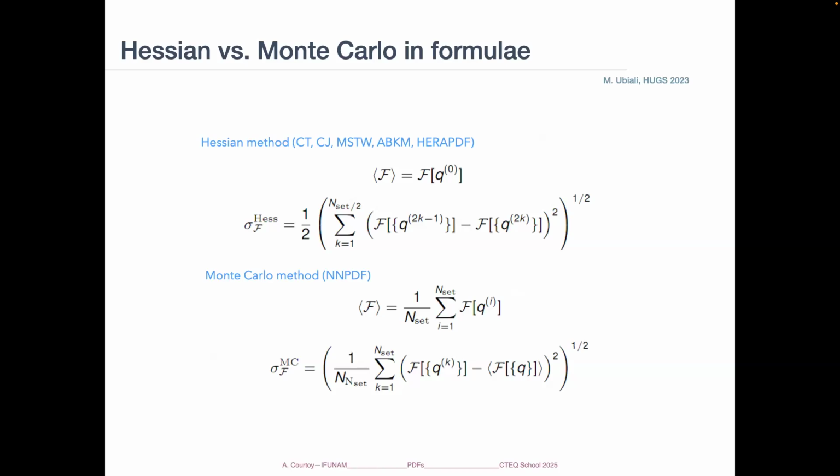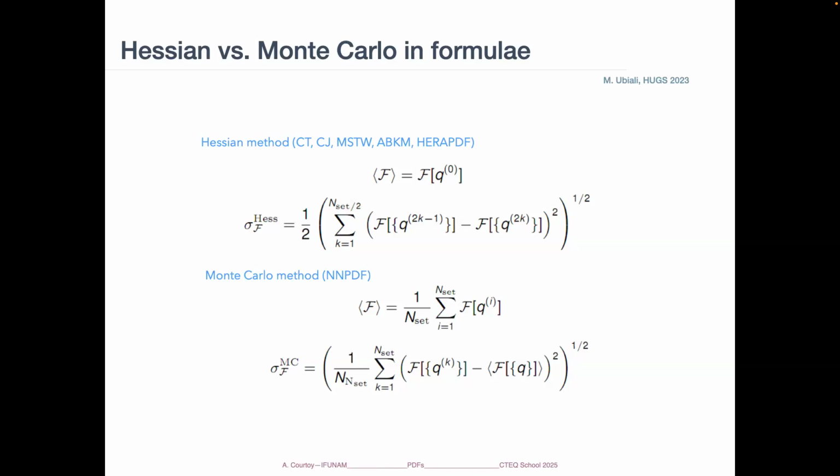So the Hessian method is really what is used by CT, CJ, MSHT, they've changed. And then the central value is the function that you find. That's the one I showed you before. You have a central value at a minimum chi-square, and then you can define the uncertainty. That's a master formula that goes with the directions in the eigenvector space. You can do that.